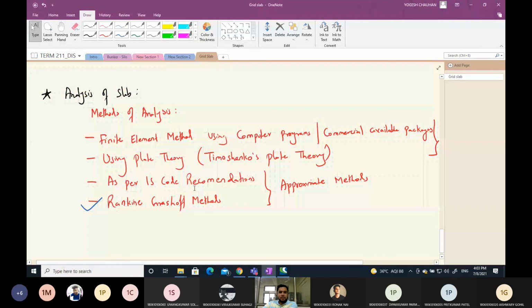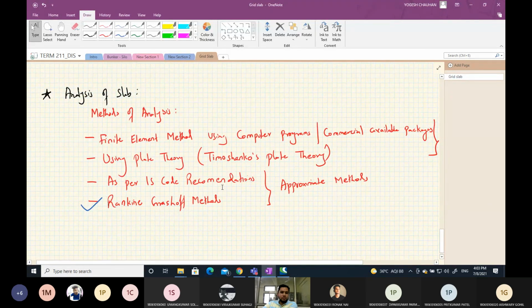Then IS code recommendations give some bending moment coefficients by which we can find the bending moments and shear force. But there are some limitations. We will discuss these limitations of the code recommendations in the next class.